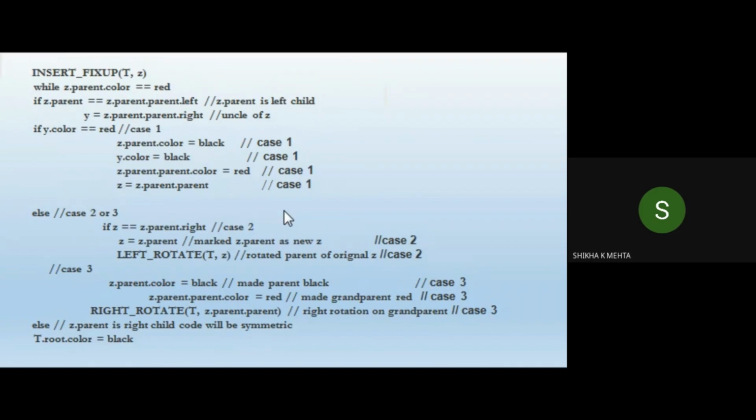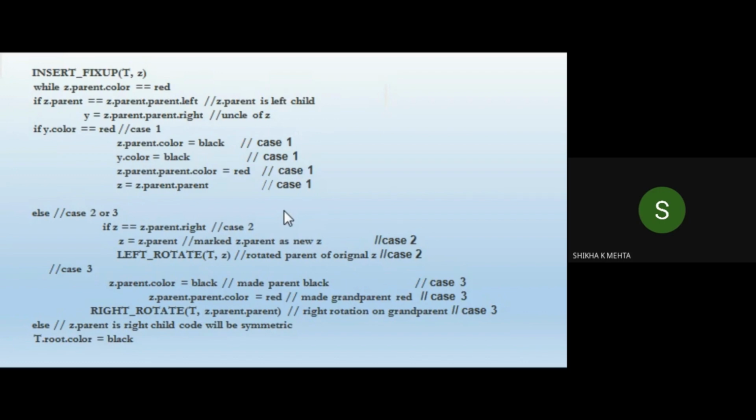Similarly in the second case, z.parent.color is black, so we made the parent black, and z.parent.parent.color is red, so we made the grandparent red. Then we do the rotation. This was case 3, where it is forming a line. Here the recoloring is done first, and then the rotation is applied after that, so two operations are being performed.